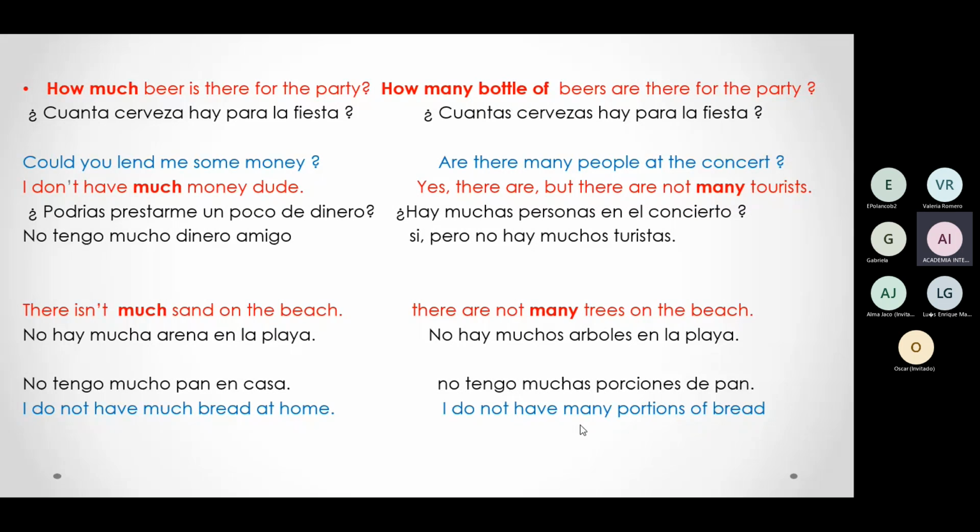And you are using a quantity, está usando una cantidad exacta, ¿verdad? 2 porciones de pan. But we cannot say, I do not have 2 breads at home. No, 2 portions of bread. That's correct. Como les comentaba al inicio, en inglés hay palabras que son incontables, pero en español las usamos como contables.